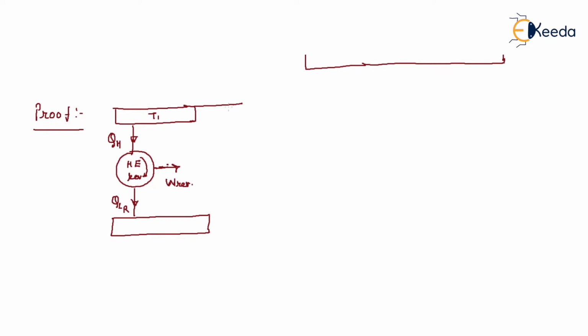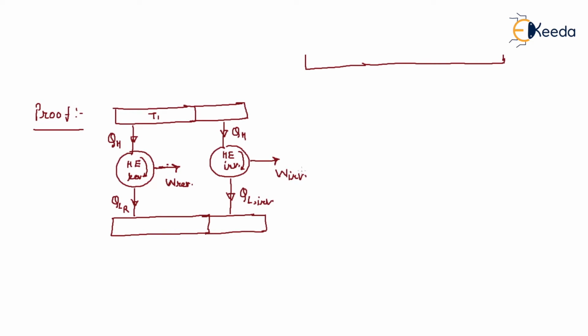And again there is another heat engine of the same temperature limits, operating in a cycle, taking a heat QH, leaving a heat QL irreversible, and delivering a work W irreversible, right?